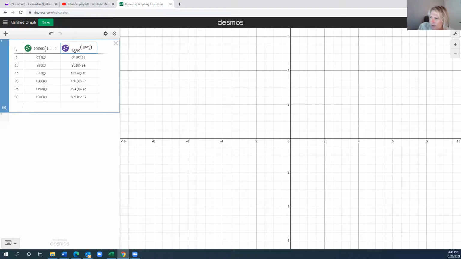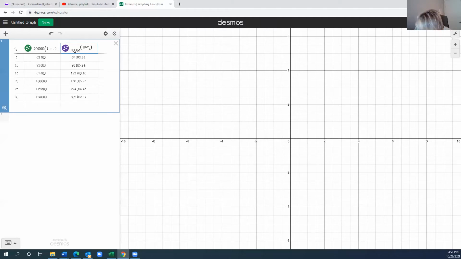And after 5 years, you've already made almost 5,000 more. So 67,492 and 94 cents. And then 91,105 and 94. And then 122,980 and 16. Wow, a lot more money. Look at that, compounding continuously after 30 years, 320,000.